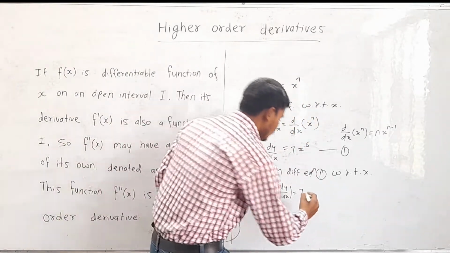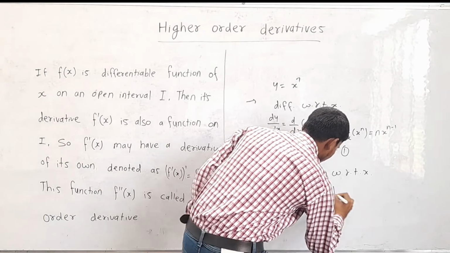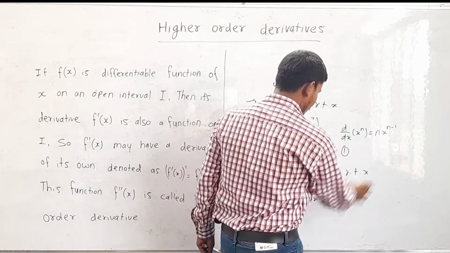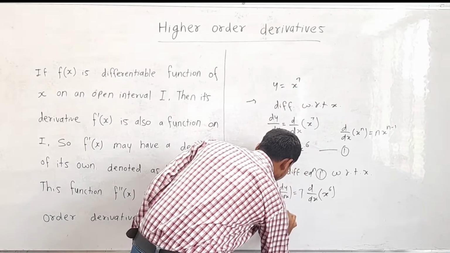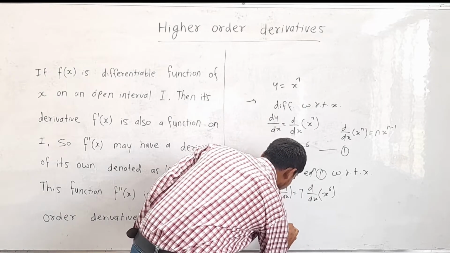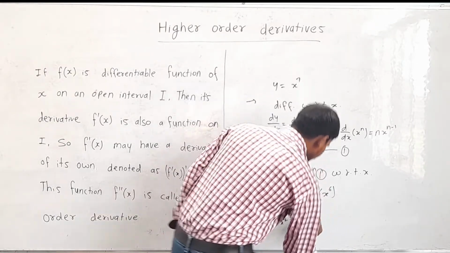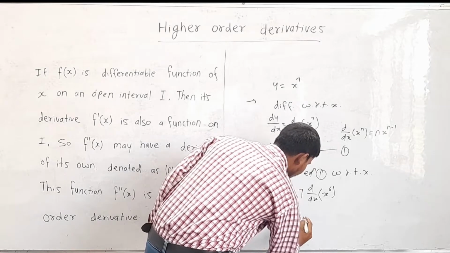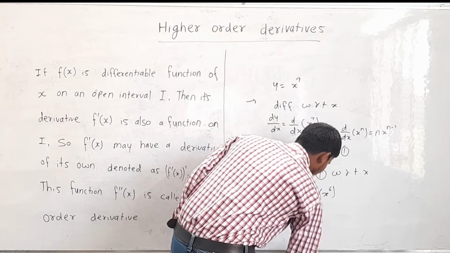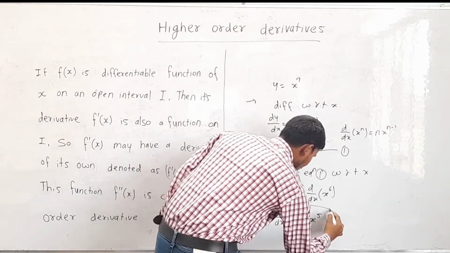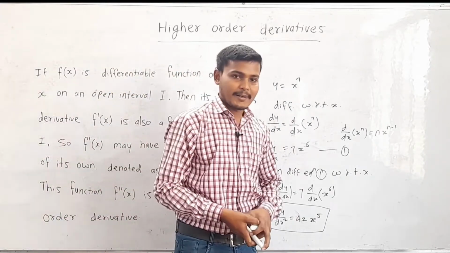So, it will come out 7 dy by dx of x raised to 6. Again applying this formula on this equation, this step we will get d2y by dx square is equal to 7 into 6, that is 42 x raised to 5, and this is our second order derivative of x raised to power 7.